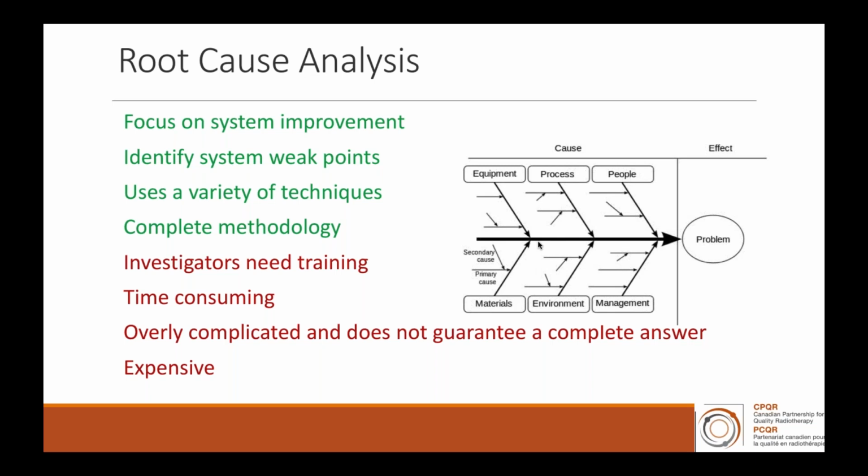So root cause analysis focuses on system improvement. It implies that you know your process flows and your systems quite well, so you can identify which step was or needs improvement.